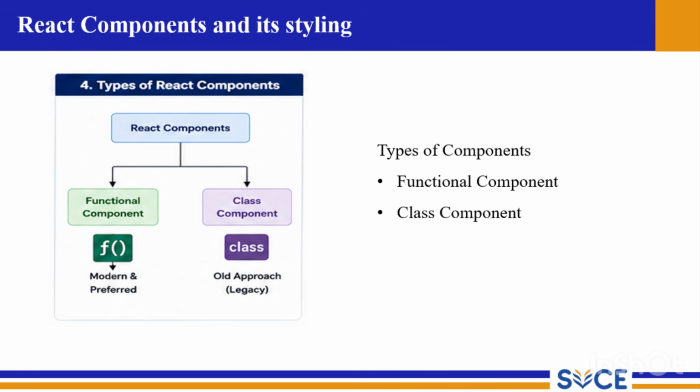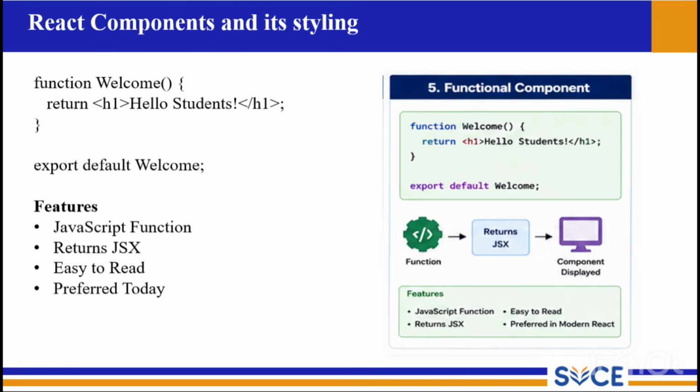If you already know JavaScript functions, learning functional components becomes very easy because their syntax is almost identical. The only difference is that instead of returning a numerical value or a string, a React functional component returns JSX, which represents the user interface.